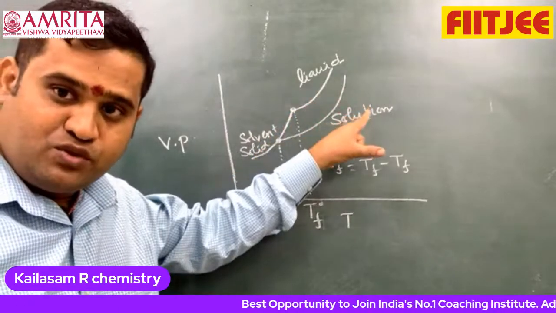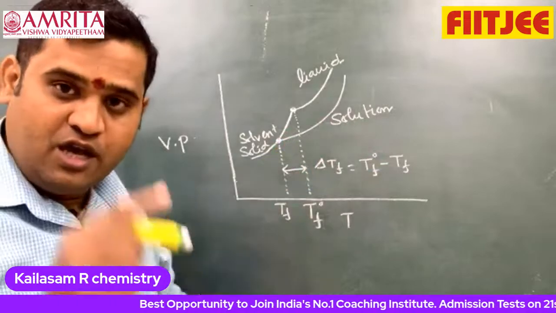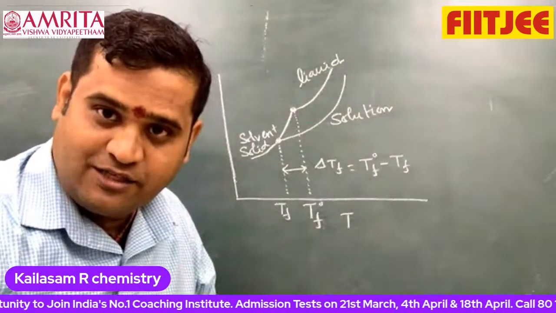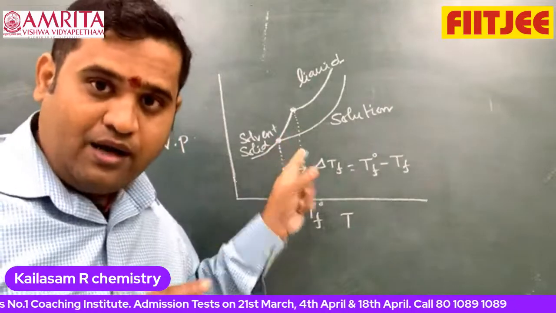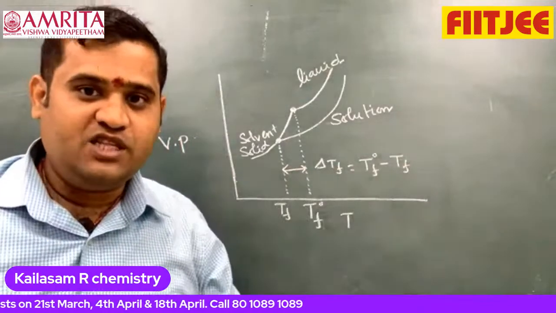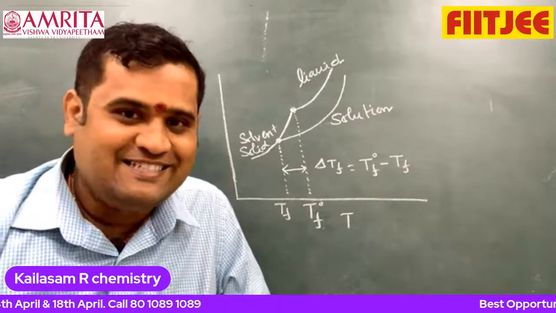When you add the non-volatile solute, vapor pressure decreases, yes or no? In order to make them equal, the temperature must be lower. Therefore, the freezing point of the solution decreases.